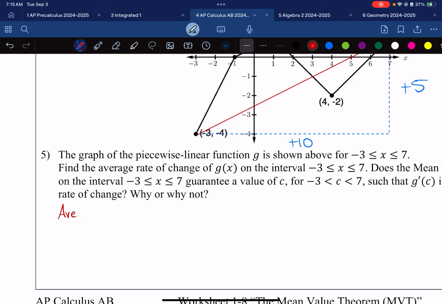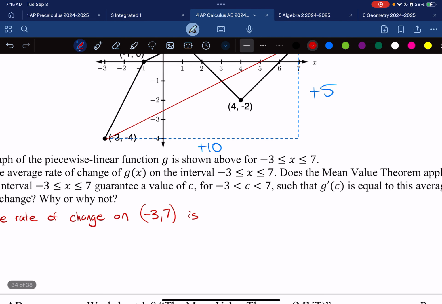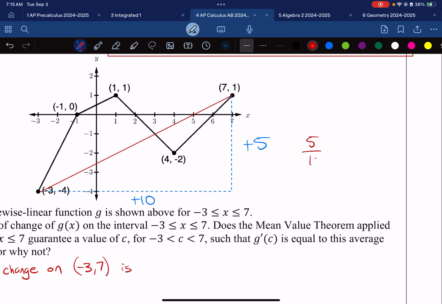The average rate of change on -3 to 7 is 5 over 10, which reduces to 1 over 2, or 1/2. Okay, that's the first part of the question.